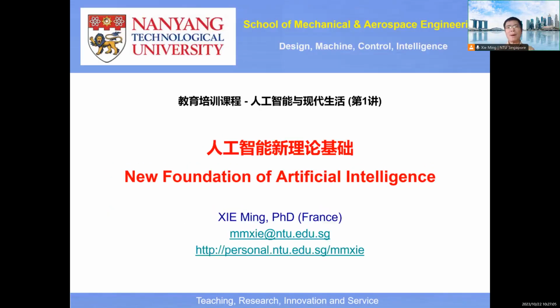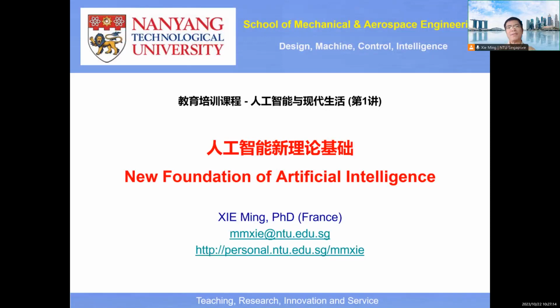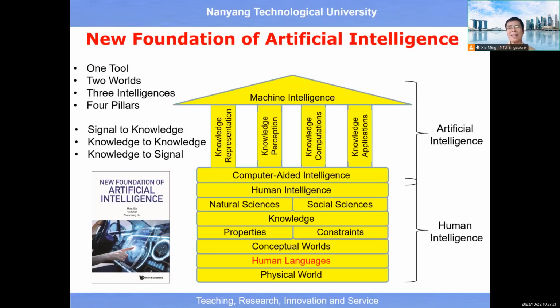You remember in lecture 1, we studied the definition of AI. Also, we studied the history of AI. By now, you should understand what we mean by AI 1.0, which is focused on machine thinking, and AI 2.0, which is focused on machine learning.